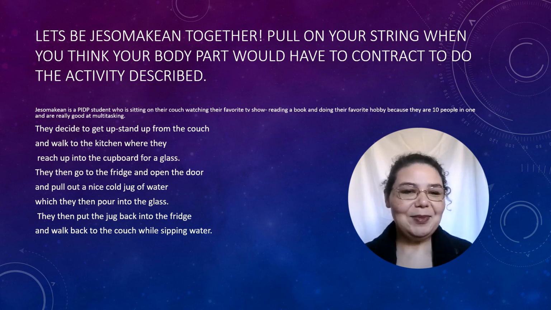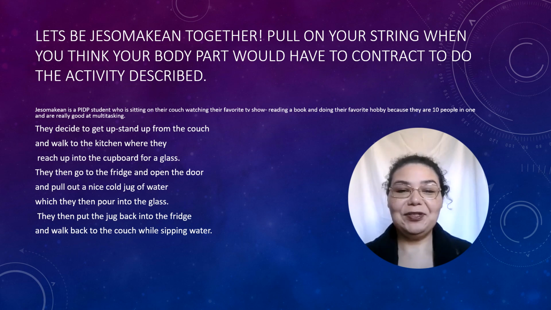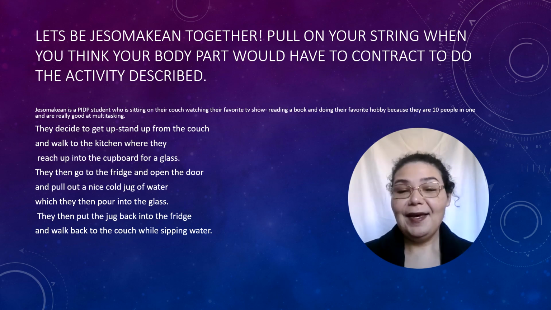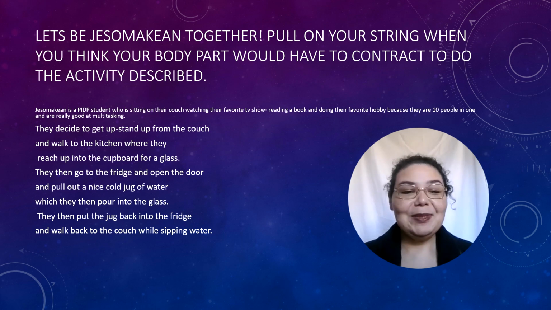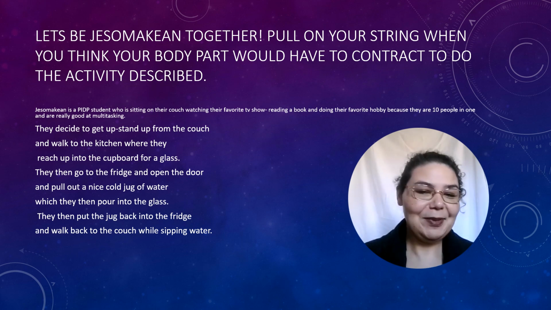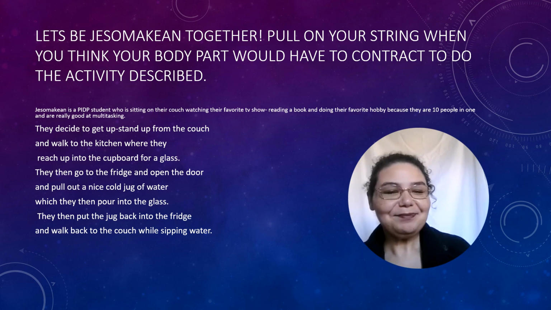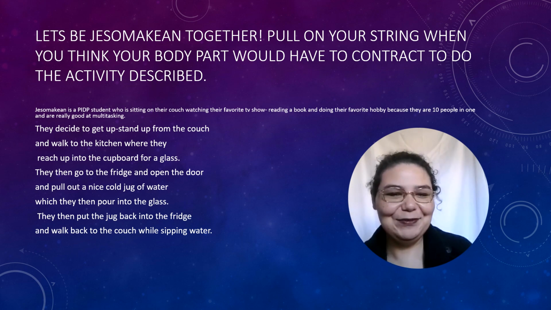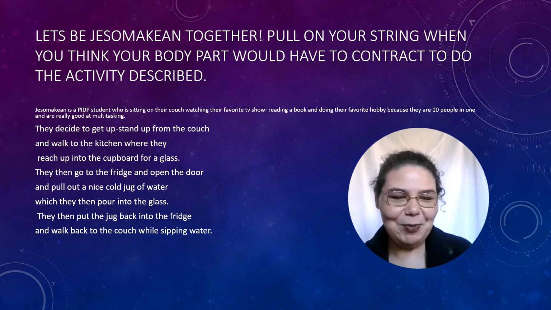I described Jasomachine as a PIDP student sitting on their couch, watching their favorite TV show or reading a book and doing their favorite hobby, because they're 10 people in one. They decide to stand up from the couch, walk to the kitchen, reach up for a glass from the cupboard, go to the fridge, open the door, get out a jug of water, fill the glass, take a drink, and walk back to the couch.